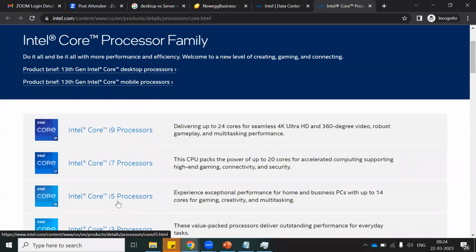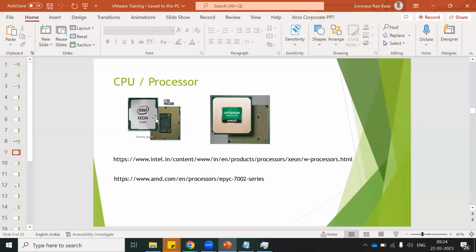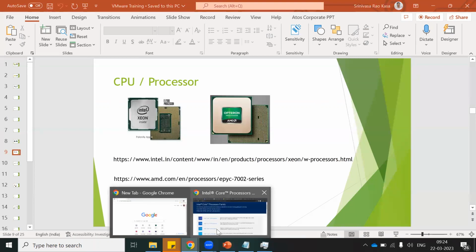I'm telling that it is a single chip and it is going to be installed on a motherboard. A laptop or desktop motherboard is going to have a single socket. Single socket in the sense, the physical processor chip, whatever chip you are looking at here, is going to be inserted on the motherboard, right?